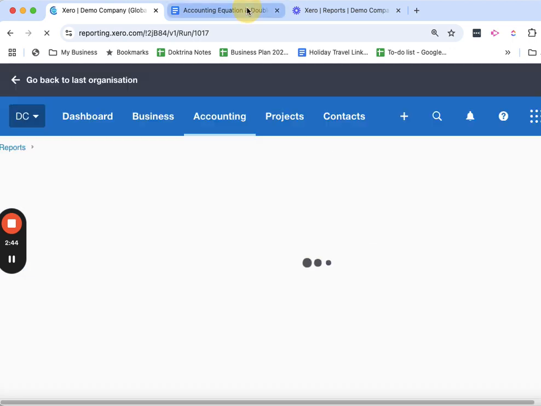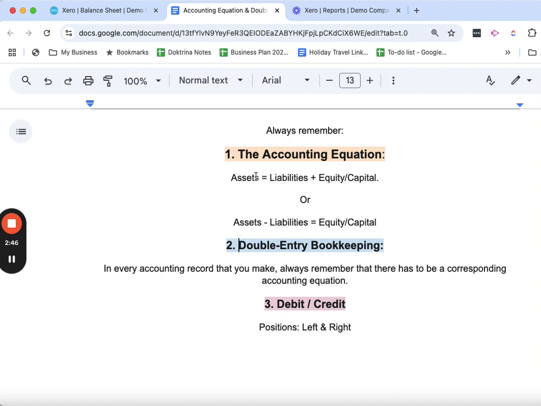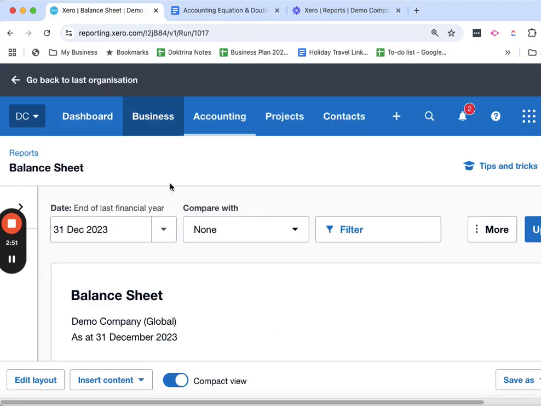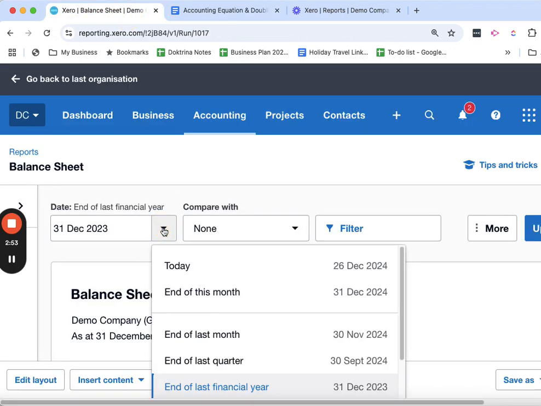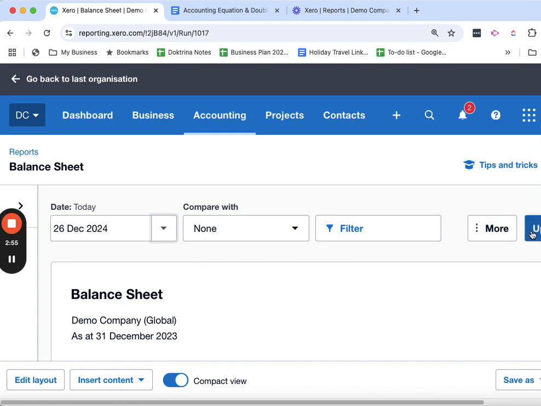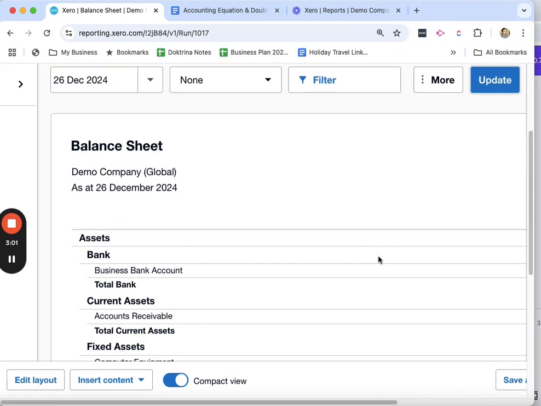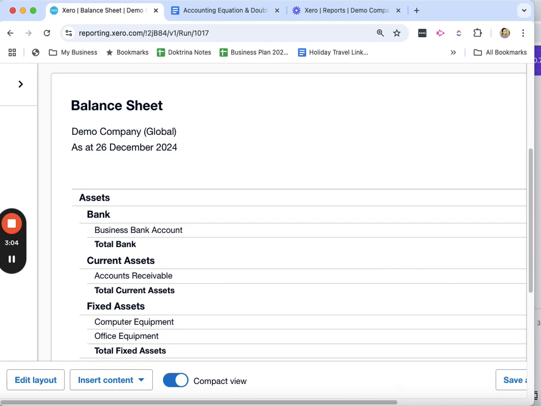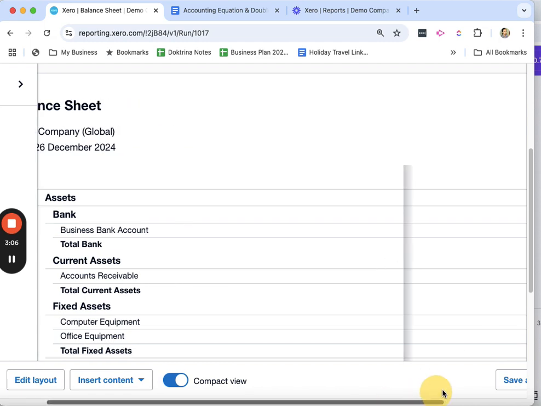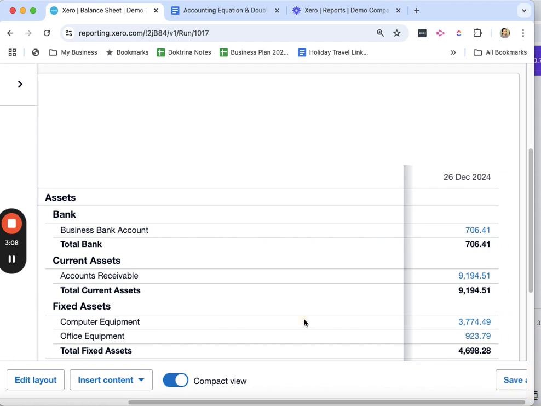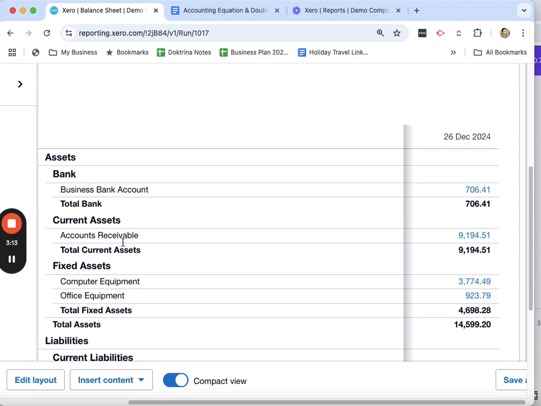Going back to the balance sheet, you will see that there are assets, liabilities, and equity. So this is a basic balance sheet, adjusting the date to today, update, and then you'll see the balance sheet. So you have the assets, which are the company properties.